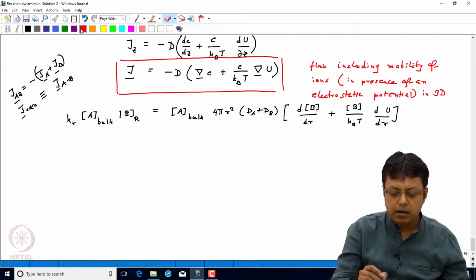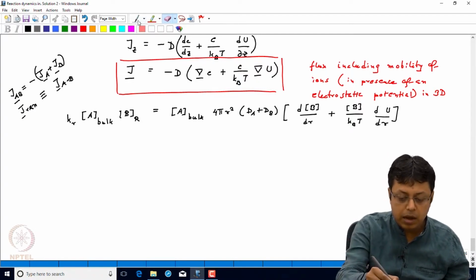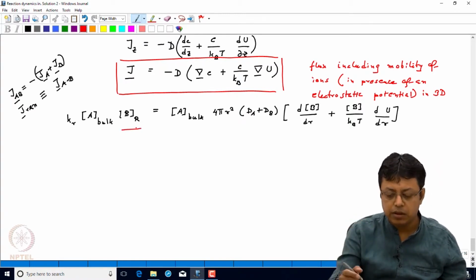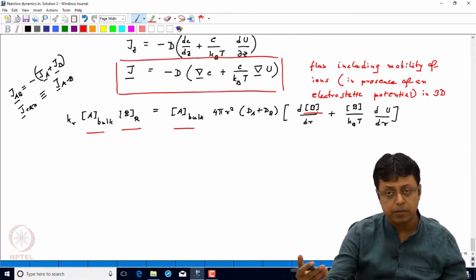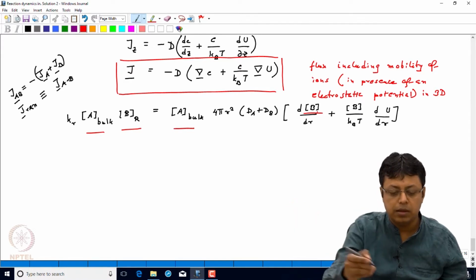So what we see right now is that we have an equation for Br, and remember that this is a constant, the concentration of B at the reaction zone, and this is also constant, A bulk. Anyway, A bulk will be eliminated from both sides eventually, and B is a variable: it is how the concentration varies with the radial position as we increase the distance from the central ion.